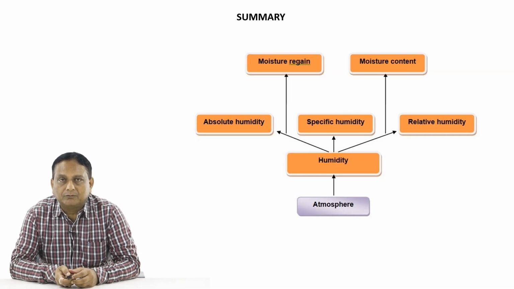So in summary, we can see how important humidity is. We have seen absolute humidity, relative humidity, specific humidity, and how the moisture regain and moisture content of textile fiber vary.